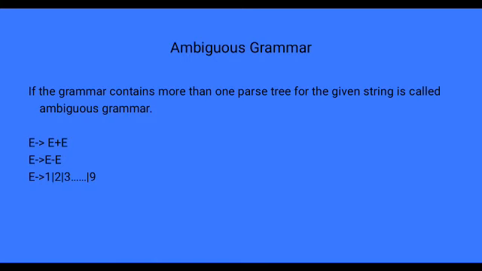And coming to the next phase, syntax analysis, also called parsing, it takes tokens produced by the lexical analyzer as input and generates a parse tree or syntax tree. The semantic analyzer checks whether the constructed parse tree follows the rules of the language.